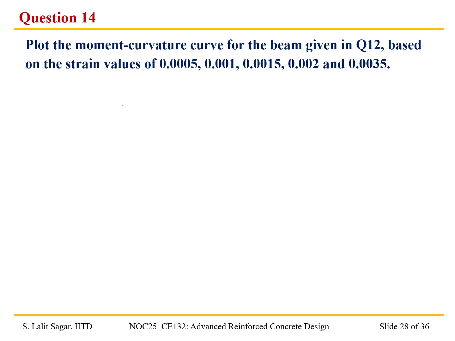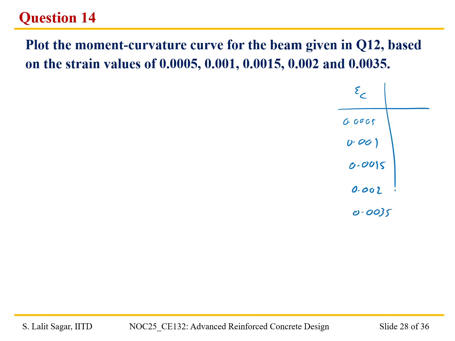So we'll proceed quickly. For the balanced section, what we need to do is consider different values of epsilon c: 0.0005, 0.001, 0.0015, 0.002, and ultimately 0.0035.